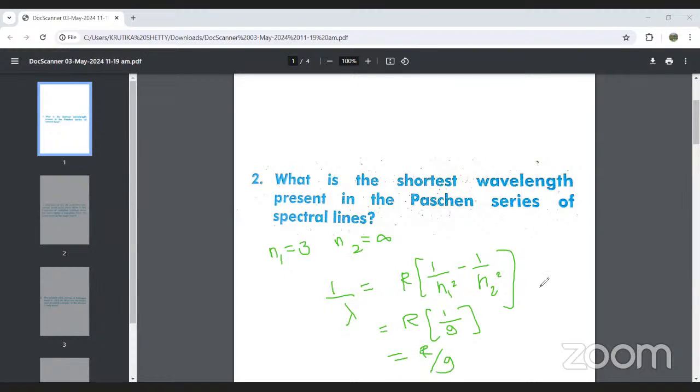For the shortest wavelength, lambda is equal to 9 divided by R. So this is equal to 9 divided by the value of R, the Rydberg constant, 1.097 into 10 to the power of 7. Simplify it and you will get the answer.